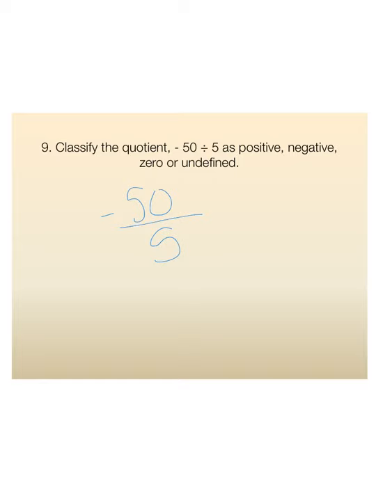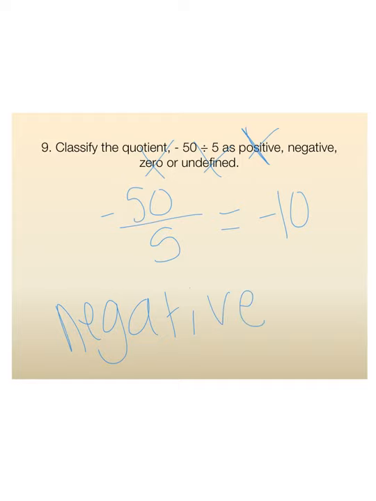We have one negative and one positive, therefore we know our answer is not going to be positive. And if you put it into your calculator, you actually get an answer, therefore it's not undefined. So the answer to this question is negative, because it's asking that kind of question.